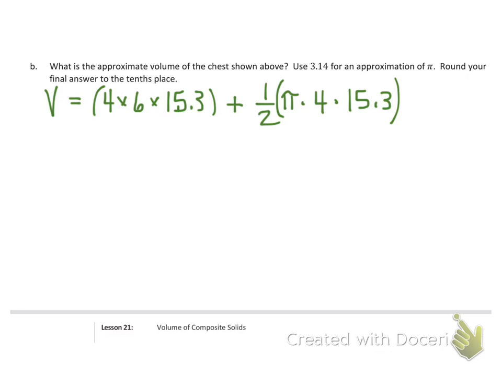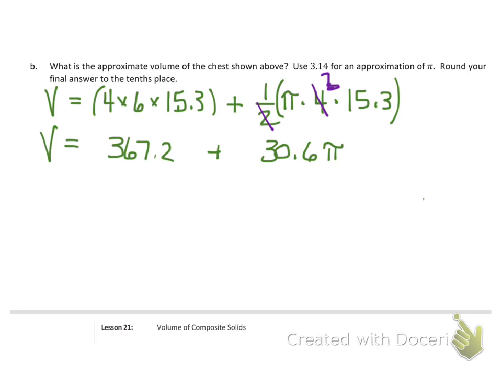Okay, in part B, we're asked to find the approximate volume of the chest rounded to the tenths place, and we're going to use 3.14 as an approximation for pi. I've just recopied the expression that we came up with in part A, and if we multiply these numbers out, we're going to get that the volume is approximately that. I took the 1/2 times the 4 and got a 2 right here.